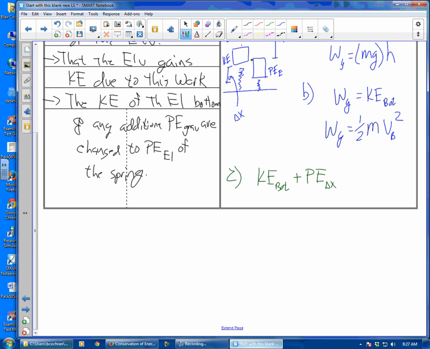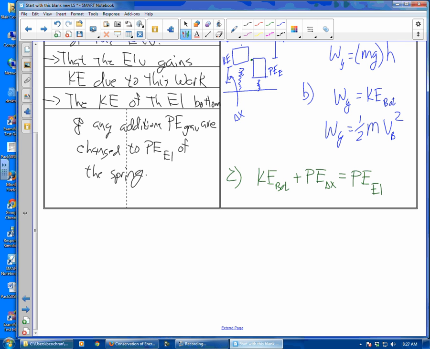That change in potential energy, and all of this, has to be taken up by the spring. So that's that last statement. The kinetic energy of the elevator at the bottom and any additional gravitational potential energy are changed to the potential energy of the spring.